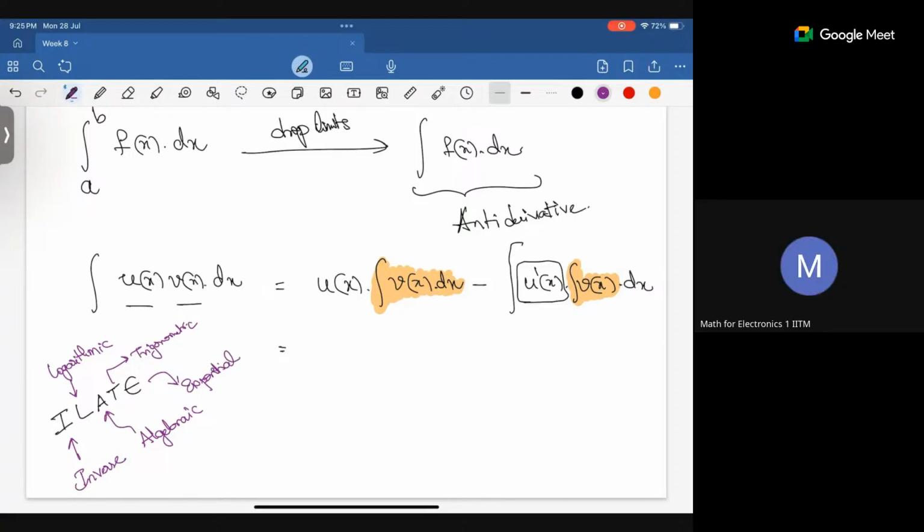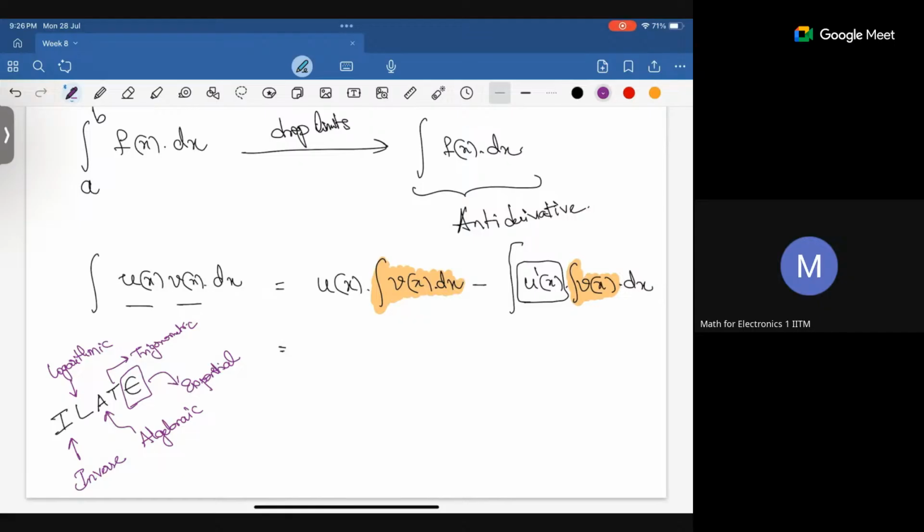So this order is chosen for u of x, not v of x. If you have inverse and logarithmic both, you should choose u of x to be the inverse function, right? That is why exponential stays last, because if you choose exponential to be your u of x, then when you differentiate u of x, you will still have that exponential.